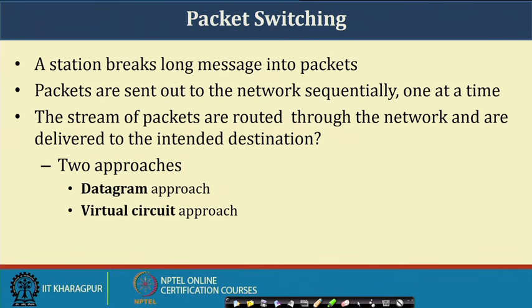So the delay will be varying, right. Whereas there is another approach called the virtual circuit approach, where a virtual circuit is established between the source and destination and the packets move along that particular path. So these are typically the cases in a packet switching network.